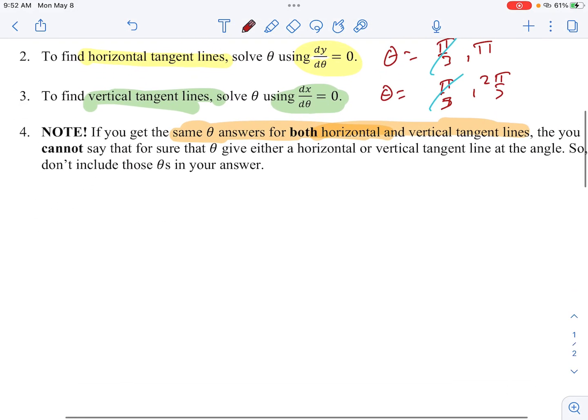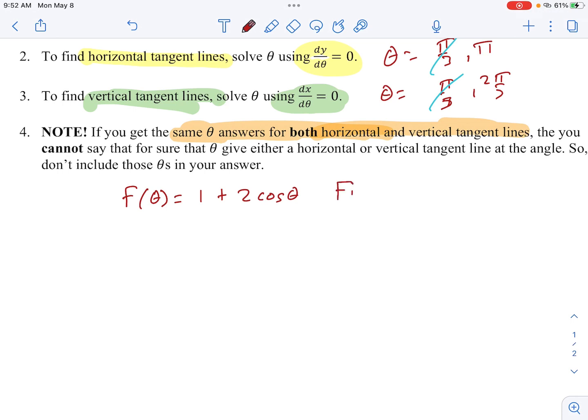So let's imagine that I have a function, and it's 1 plus 2 cosine of theta. It's a limaçon, and we want to find the slope of the tangent at theta equals pi sixth.